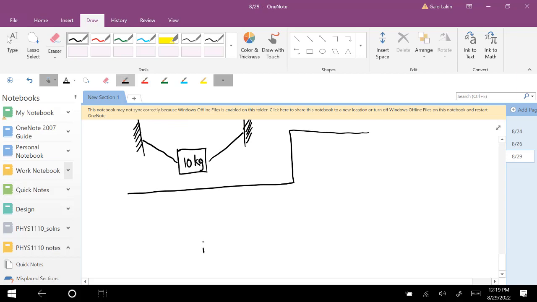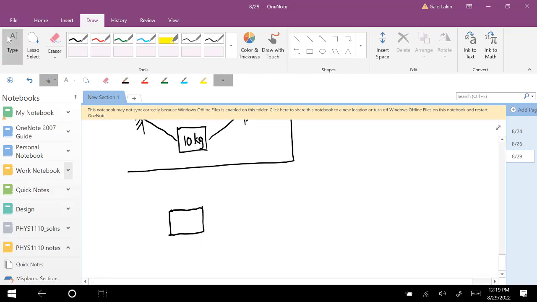Well, for a free body diagram, we start with a closed outline of our chosen body. And now we draw all the loads that are applied to it by the outside world. So we'll start with the weight. The weight is a force with a known direction, so I'm just going to draw a downward arrow.